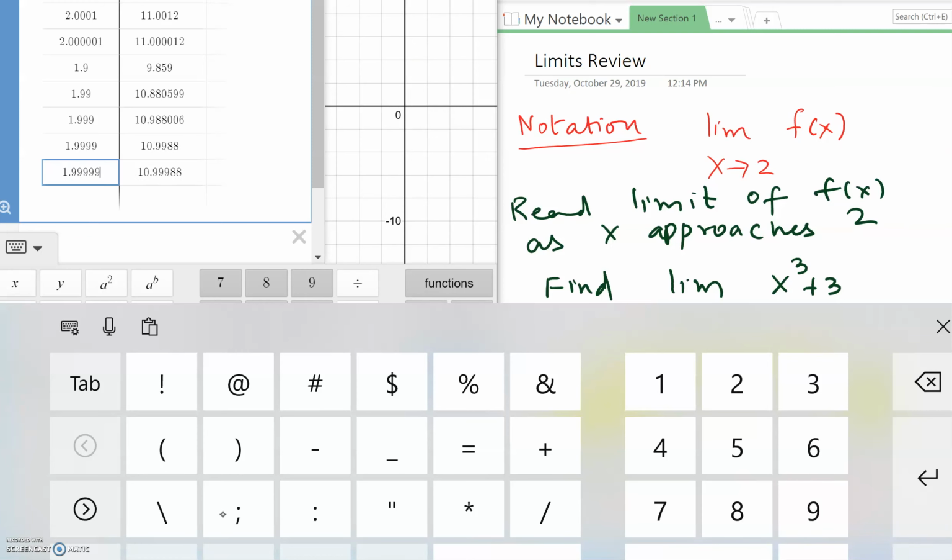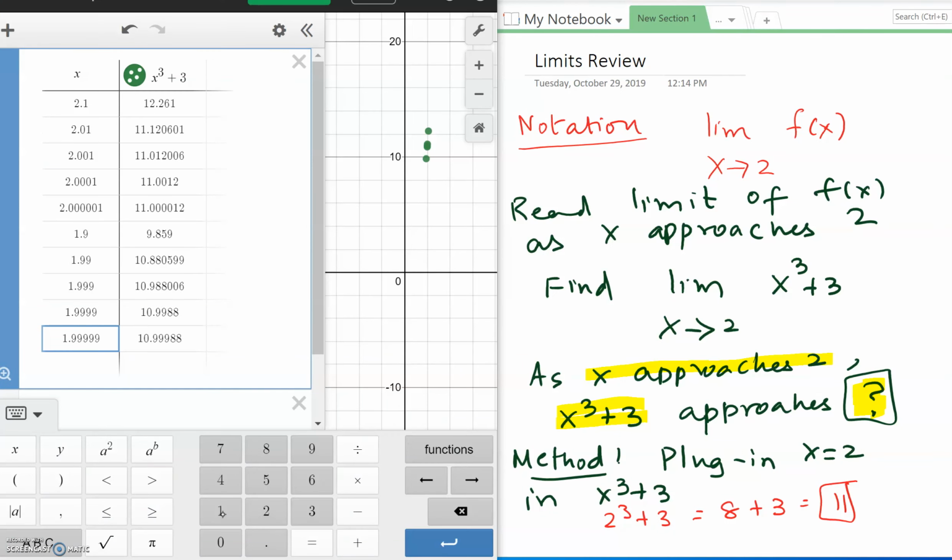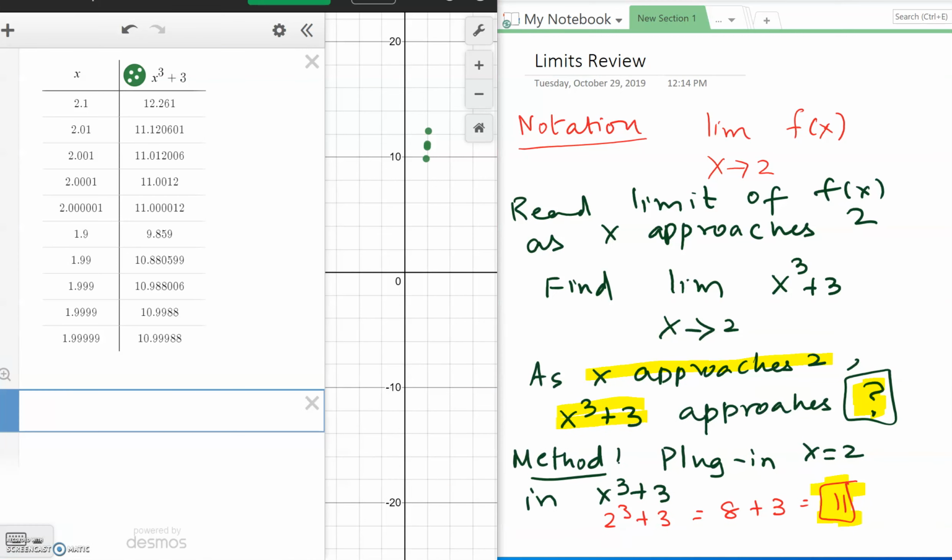We can see that it is going 10.9999, which is approaching 11. So we still have the answer to be 11. So you could do the table. The table is the numerical approach, where we choose x values, see what happens to the f of x values, and then conclude the answer 11.